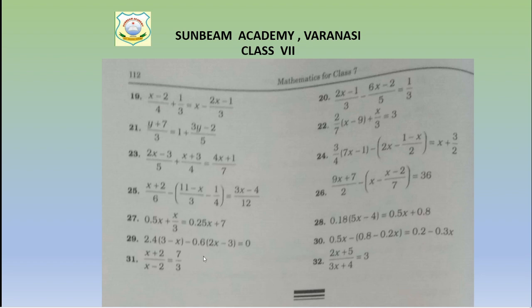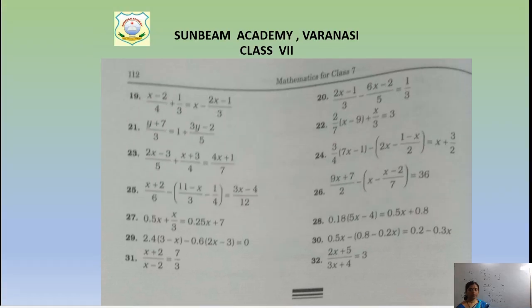Okay, let's solve the last question. 2x plus 5 divided by 3x plus 4 is equal to 3. Meanwhile, I am erasing the board. You write down in your notebook. Now this will be the classwork. Last question, question number 32.